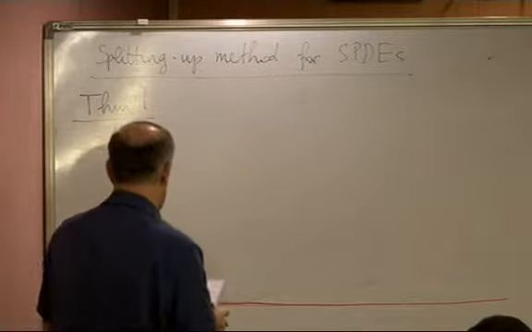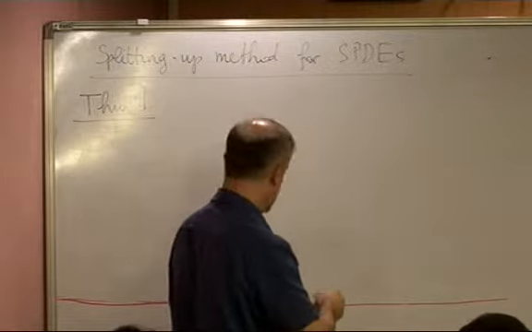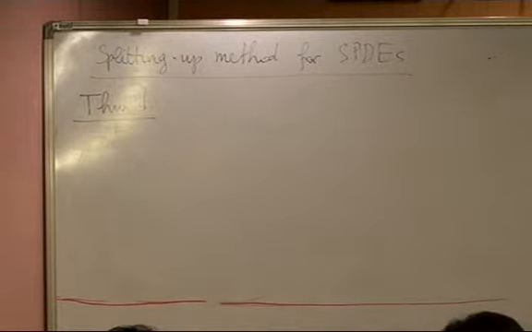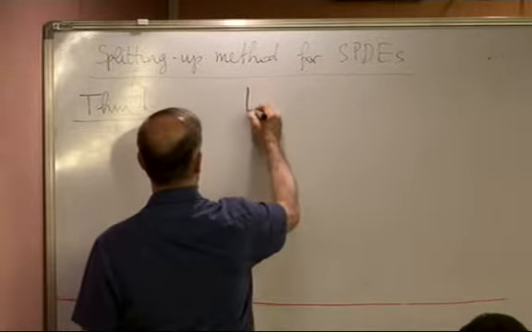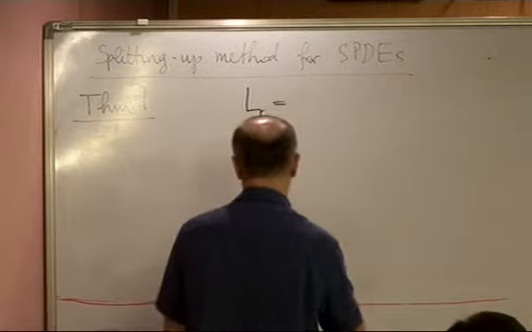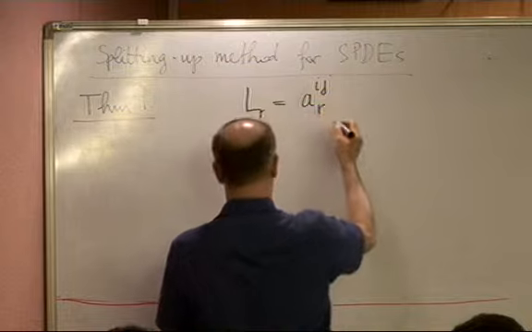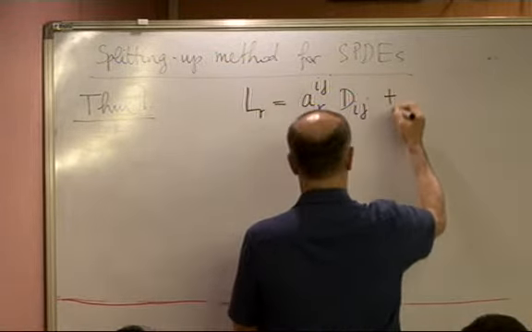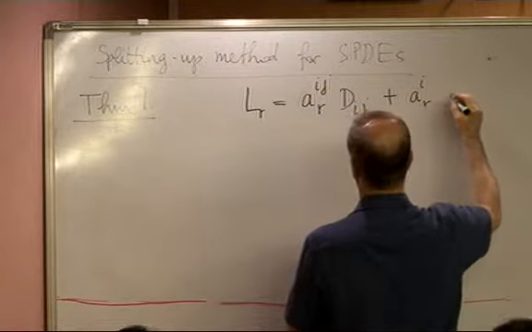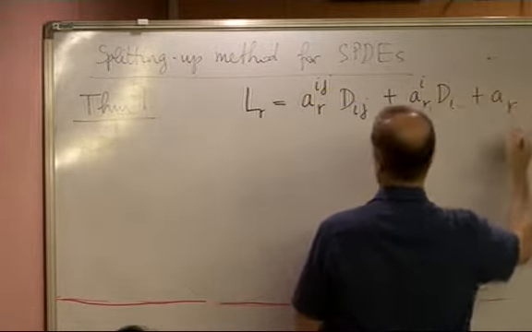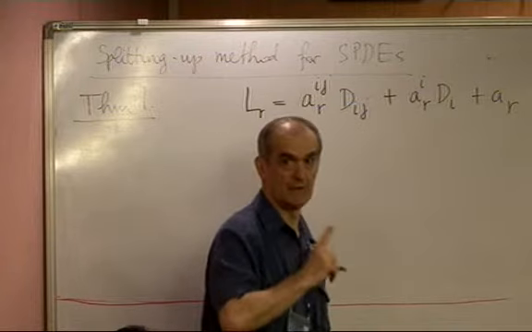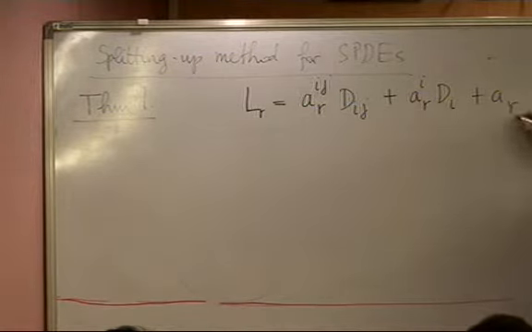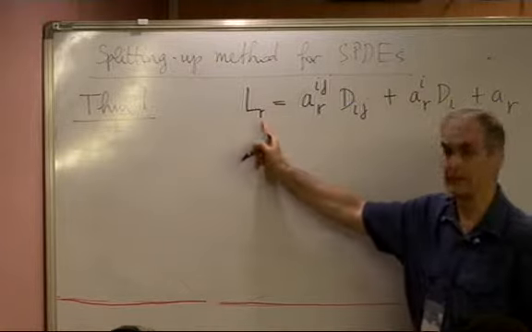As always, L_r is a second order operator, but now I write it in this form: a^{ij}_r D_i D_j plus a^i_r D_i plus a_r, and summation with respect to i, j. i is running from 1 to d only now, and the r stands for the operator L_r.